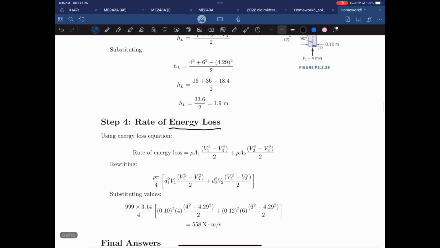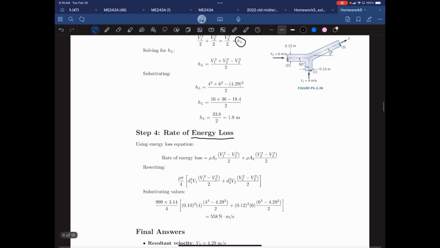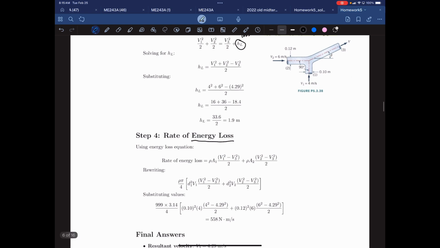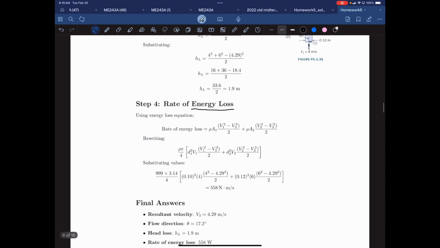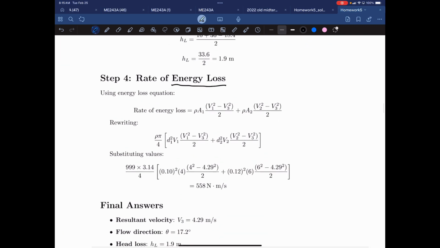So okay, then we rewrite. I can show more steps. I can maybe add more steps to how we found this formula, yeah? Okay.